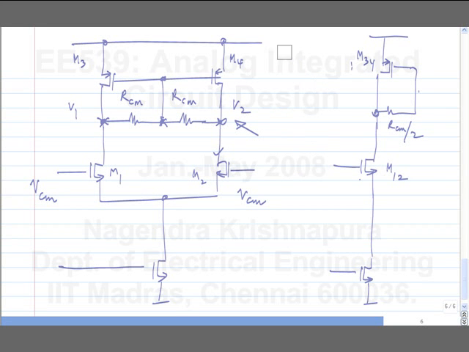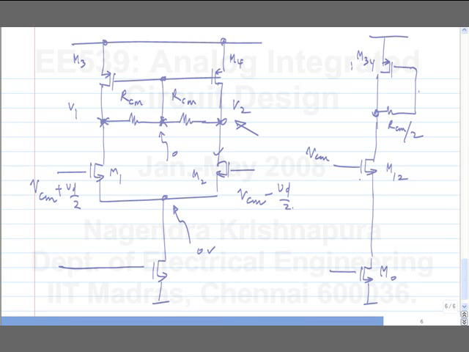This is the common mode equivalent circuit. And also, analyzing fully differential circuits is easier than analyzing the differential to single-ended op-amp, because now the circuit is fully symmetrical. This will be at 0 volts for differential excitation. This will be at 0 volts for differential excitation. So what do I do?